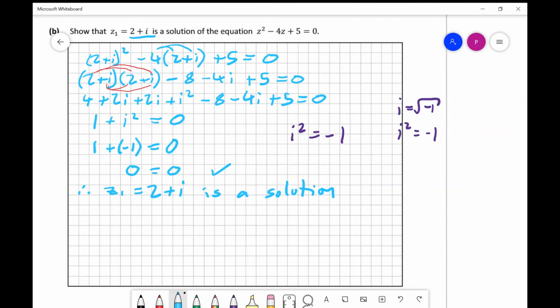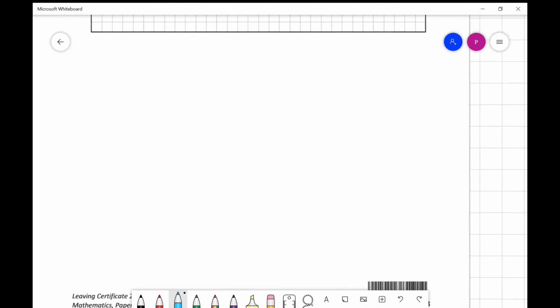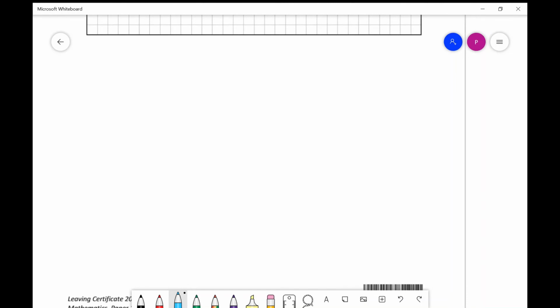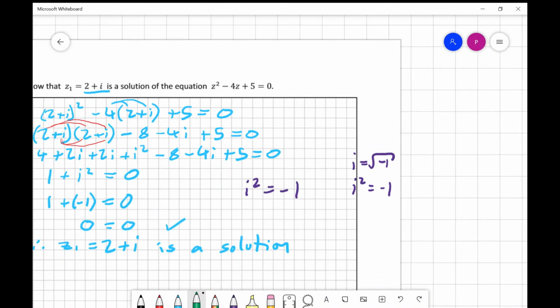There is another way of doing it, which I'm going to do just down here in the blank space that we have. I'll do it in green. So we were looking for z squared minus 4z plus 5.